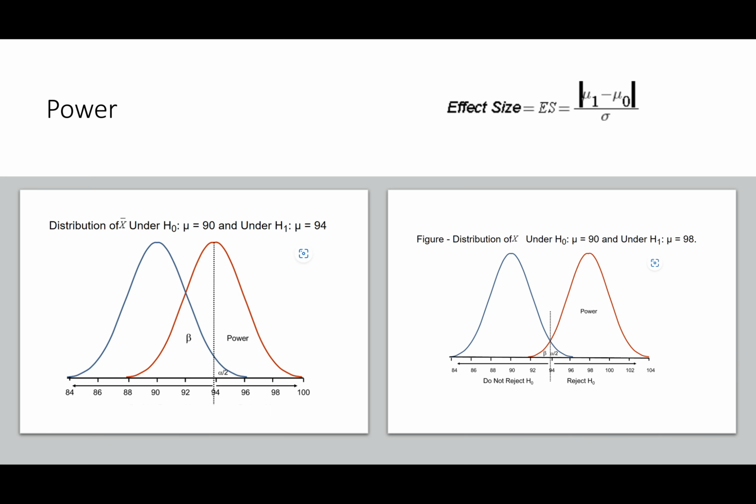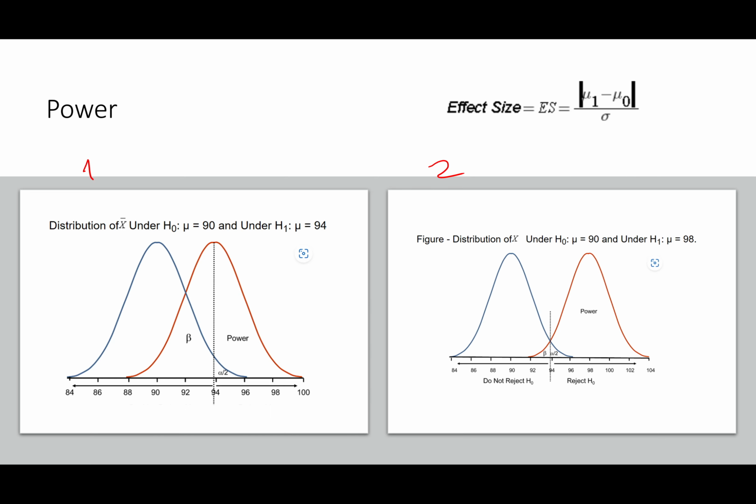So here are two examples, one and two. The first example is where the null hypothesis mean is 90, and the alternative hypothesis should find out from a real data set that the sample data mean is 94.